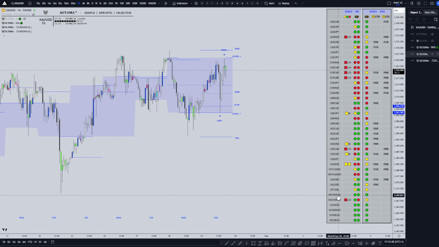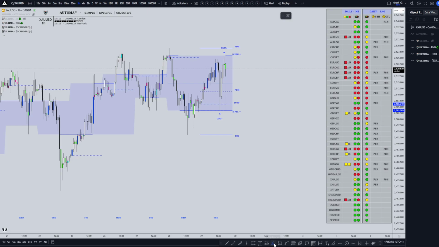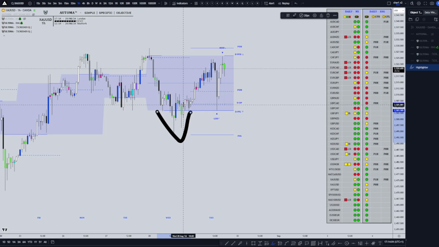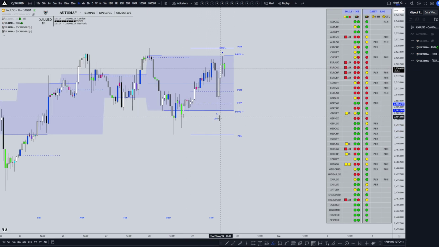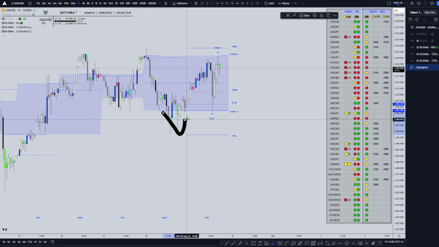So basically, as you can see here in gold, we have a green condition on the range version. So it means we have last manipulation low or high. So last manipulation is low, and we have a bullish open price. So basically it means we manipulated low and we reclaimed the open price, right?